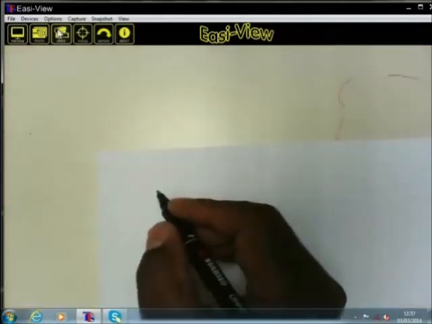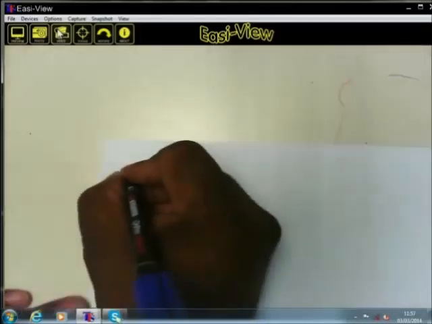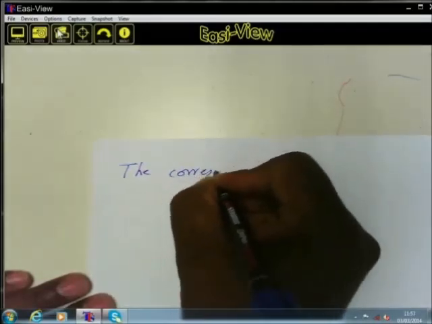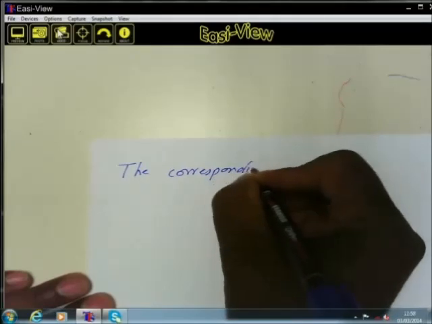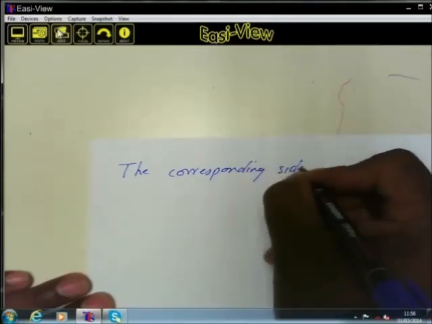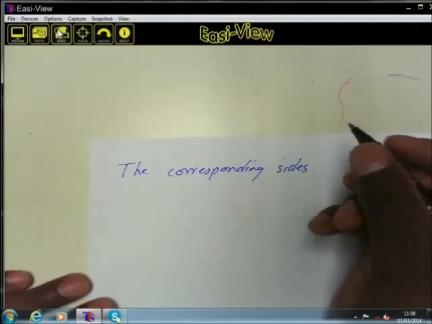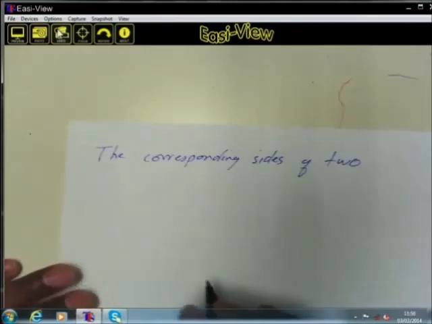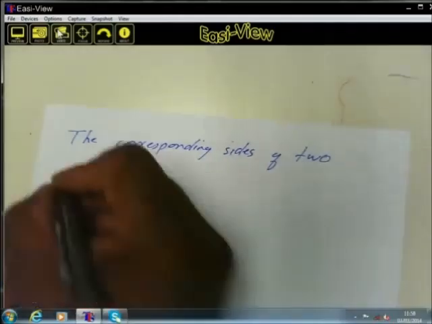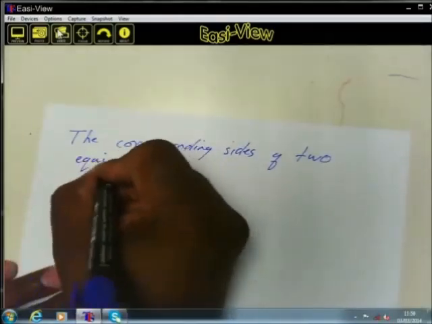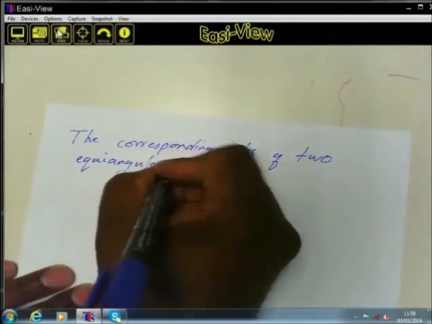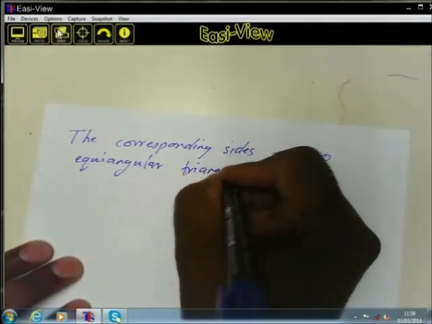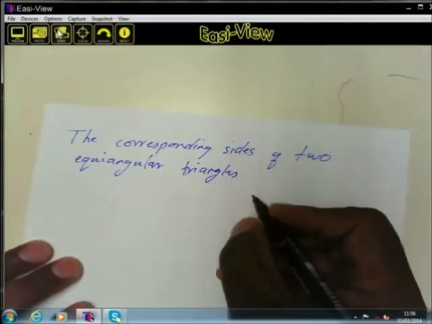The corresponding sides of two equiangular triangles are in the same proportion.